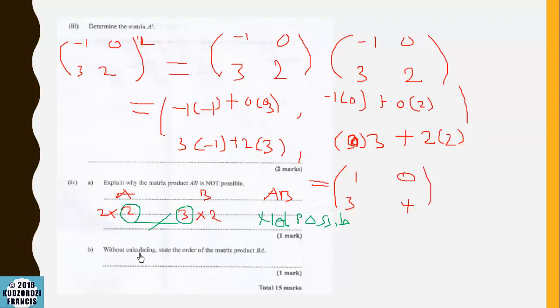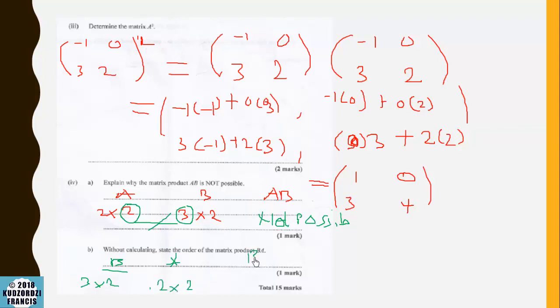Now, without calculating, state the order of the matrix product BA. So we have B, the dimension is 3 by 2. Then A, the dimension is 2 by 2.